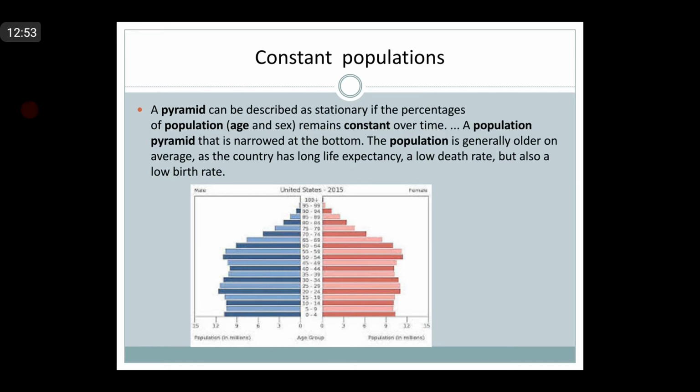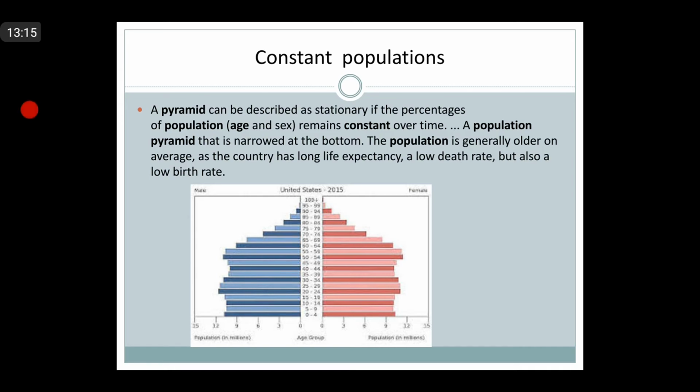I mean, neither the birth rate is increasing nor the death rate is increasing. These two are found at a constant rate.